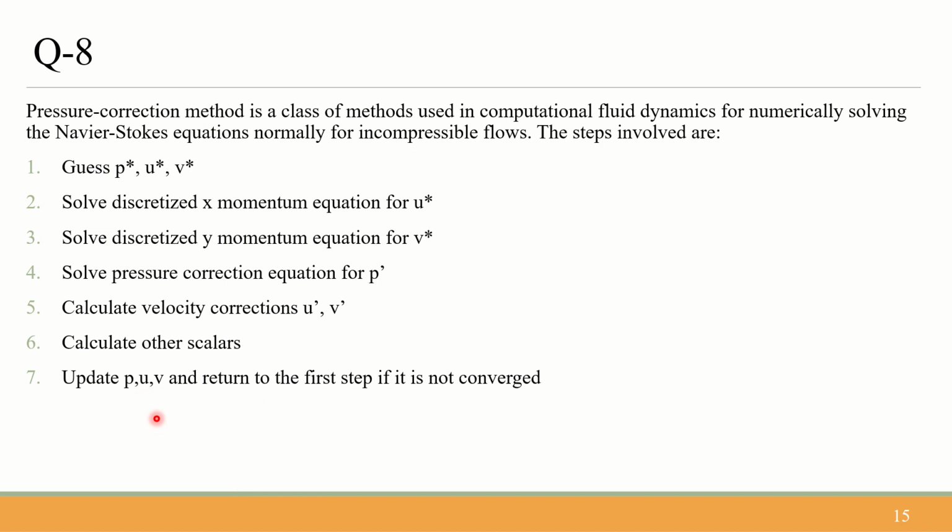So here nowhere it is mentioned that it cannot be used for three-dimensional problems or time-dependent problems. So all three options given in that particular question were wrong. So we went with none of the above.